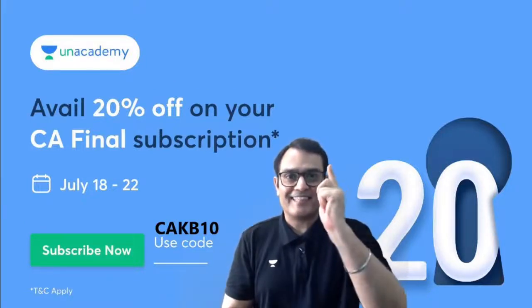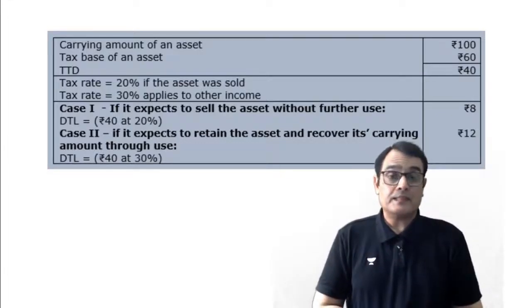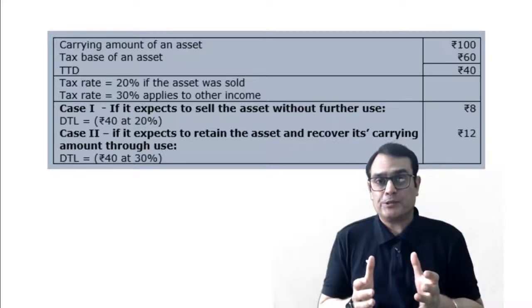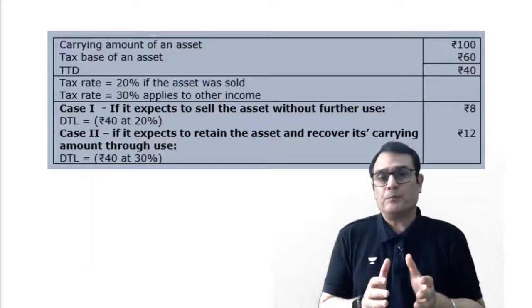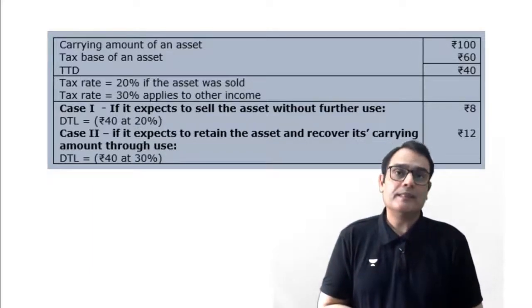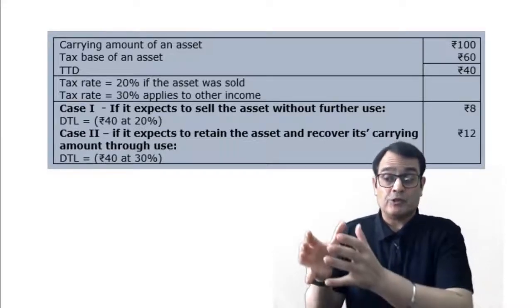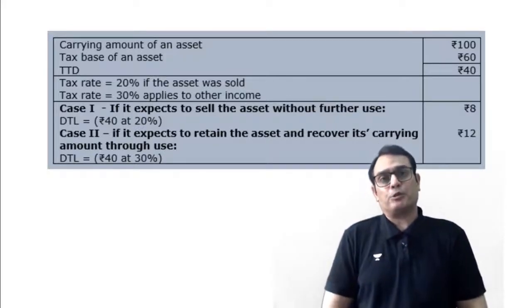Let's crack it. We can see a very simple example. Let's say we're considering an asset and we applied the parameters, and in step number 1, we got the carrying amount of the asset, which is based on the relevant Ind AS. Then in step number 2, we get the tax base of the asset, and let's say that works out at 60. As we remember, there was a 5-step model in terms of application of deferred tax.